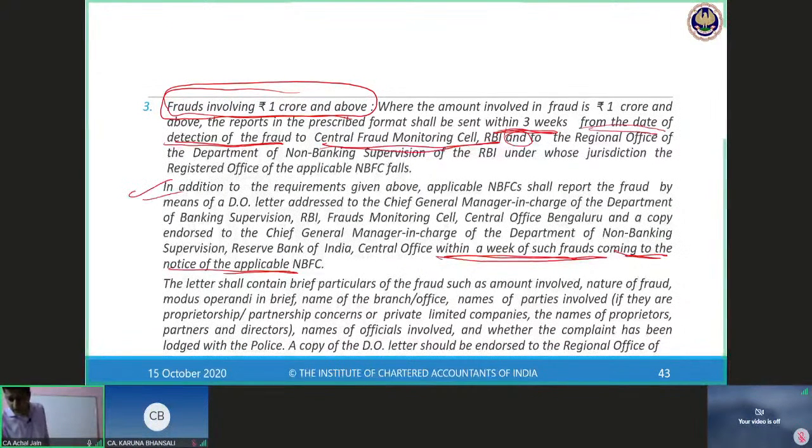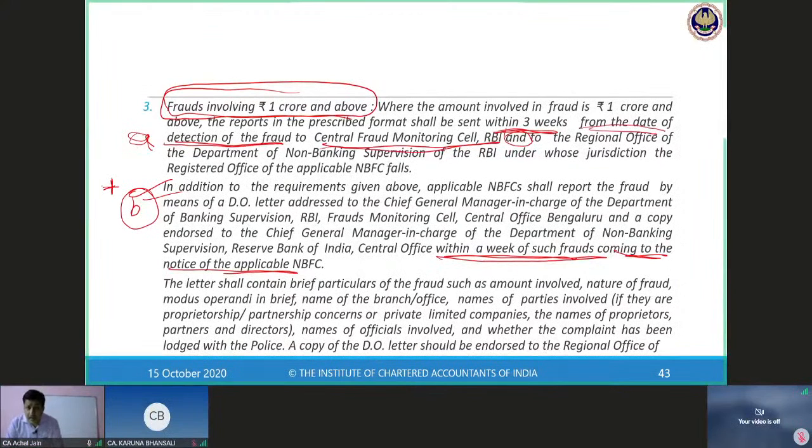So this reporting will be required, plus this reporting will also be required. This covers A plus B, meaning all of these reportings will be required to be done by the NBFC.